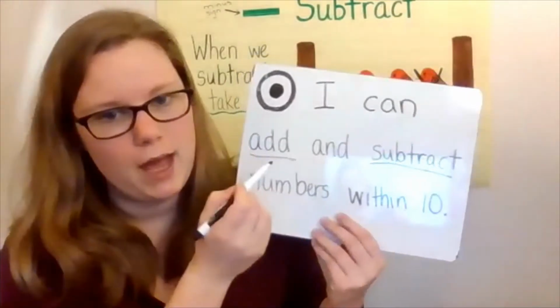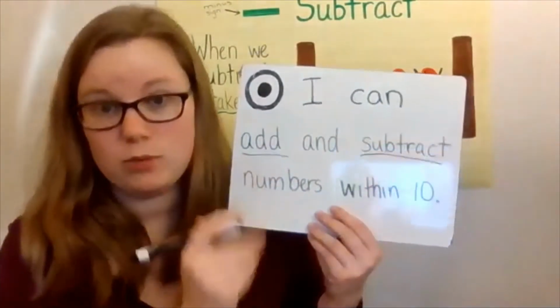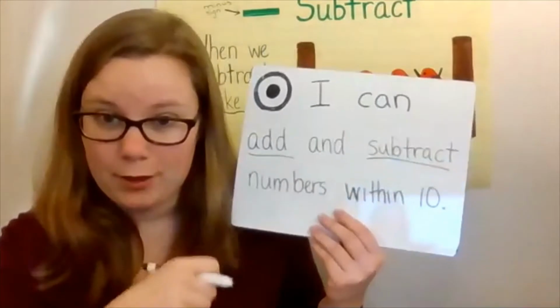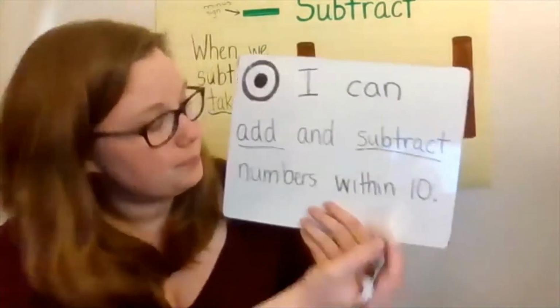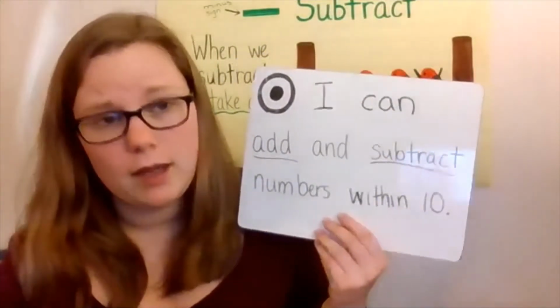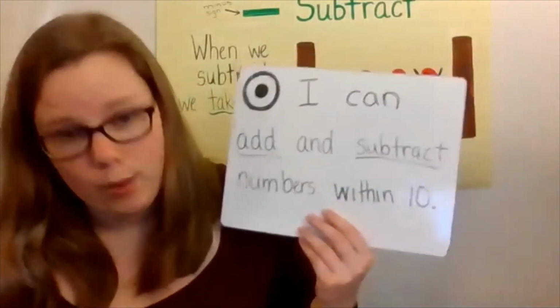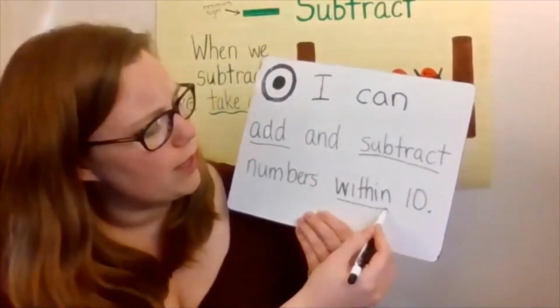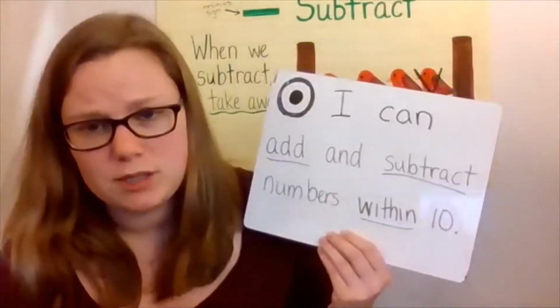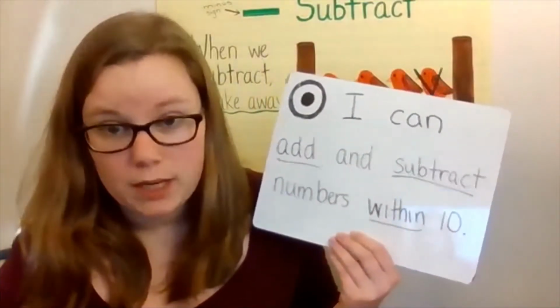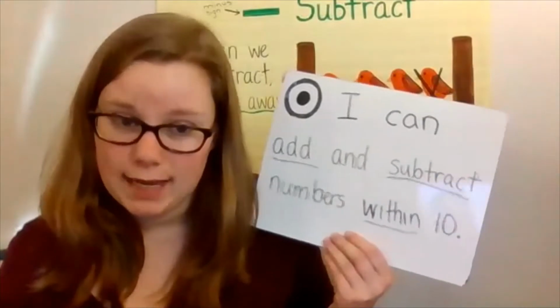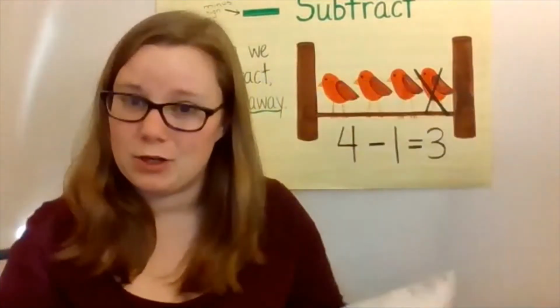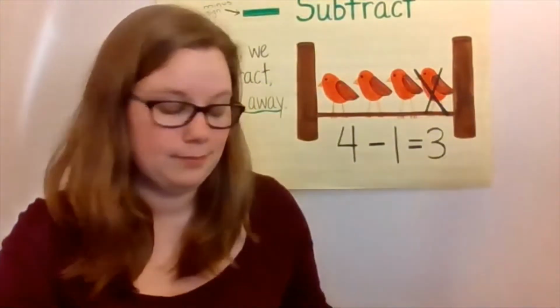So if we're going to be doing any adding, that means we're going to join together today or put together. If we're going to do subtracting, it's going to be taking away. All right, we're going to just work with numbers within 10. So that just means within or between numbers 0 and 10. All right, that's our learning target for today.